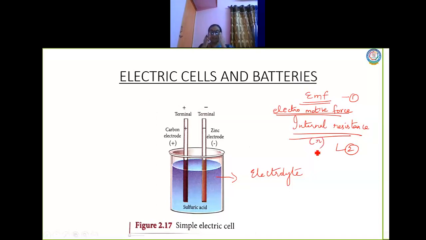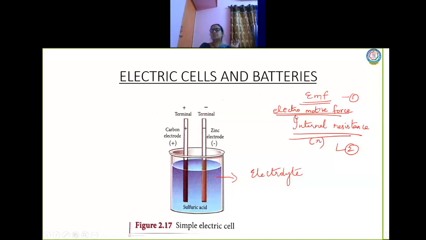Very important: EMF is the potential difference between the terminals of a battery in an open circuit. But when you connect this battery to an external circuit, now you connect it to a resistor, then what happens? There will be a current flow, and there will be a potential difference, that is the potential difference in a closed circuit.